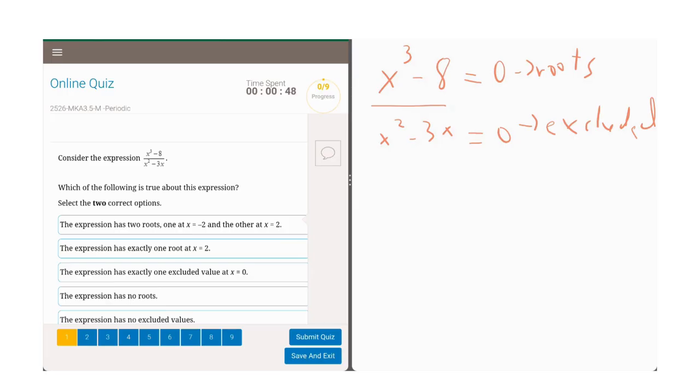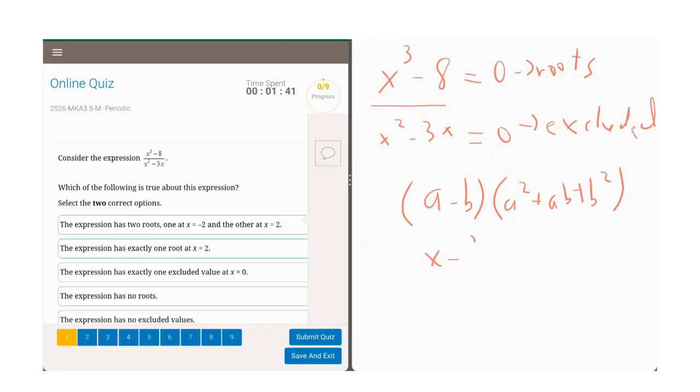So for x cubed minus 8, we need to find the factored form of x cubed minus 8, which is a minus b. This is for the cubes. Then a squared plus ab plus b squared. We can replace a with x, b with 2 because 2 cubed is 8.